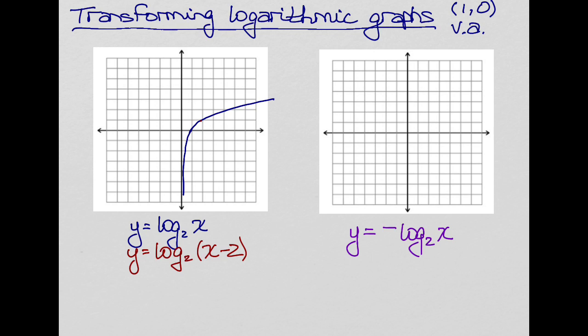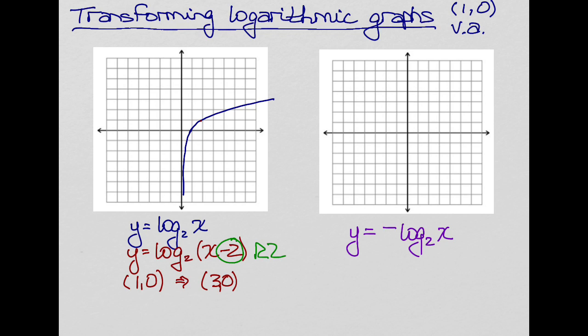So, for example, if I want to sketch a graph of log base 2 of x minus 2, I know that this minus 2 is going to move the whole thing 2 to the right of where it started. So my point that used to be at (1, 0), if I move it 2 to the right, that's an x transformation, so it's going to affect the x coordinate. 2 to the right, now instead of (1, 0), it's going to be at (3, 0).